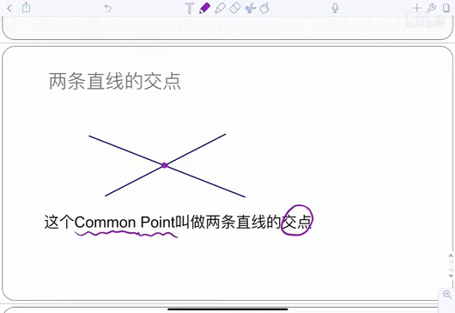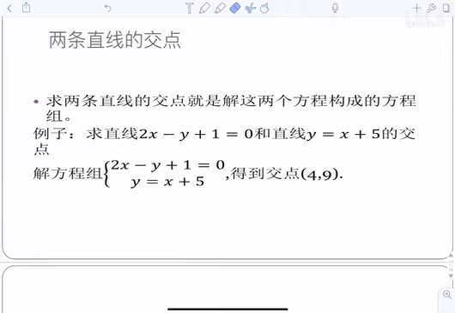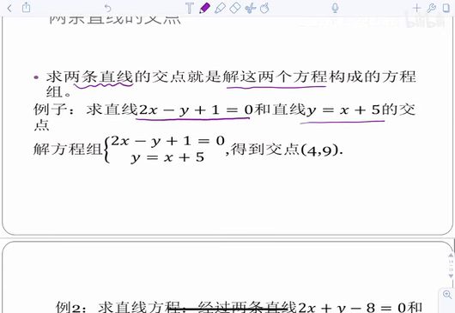So if I want to know the common point of the two straight lines, it means I get the solution of the equations of these two straight lines, the simultaneous equations.